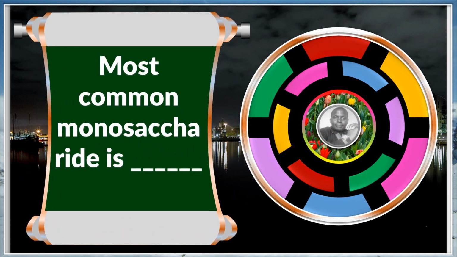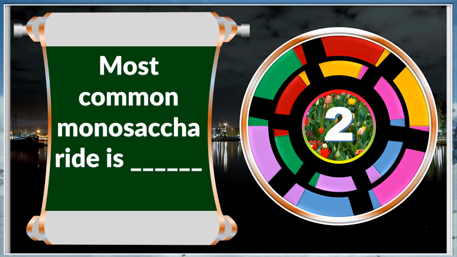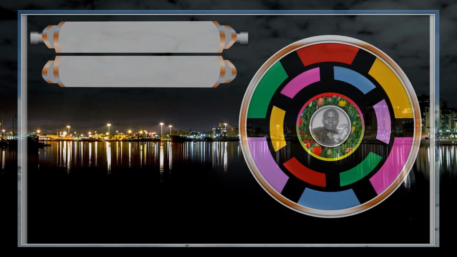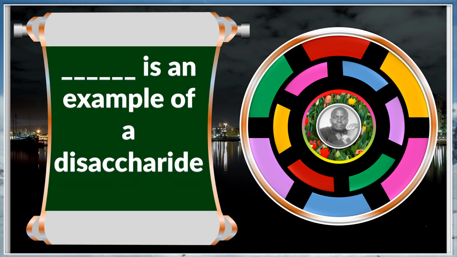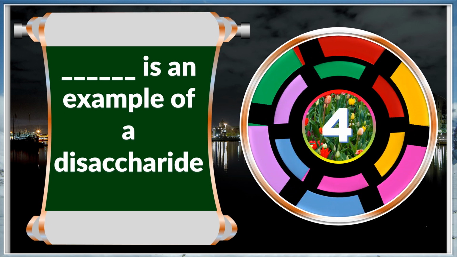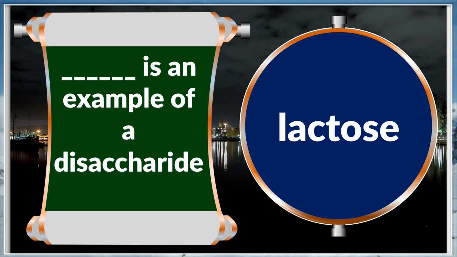Most common monosaccharide is glucose. Dash is an example of a disaccharide. Lactose.